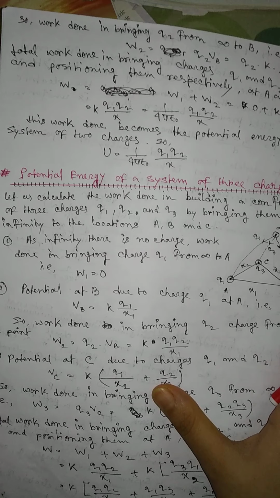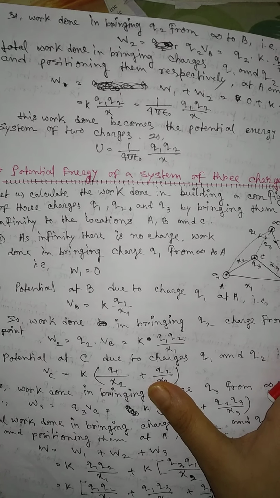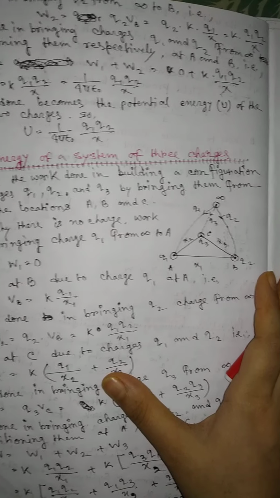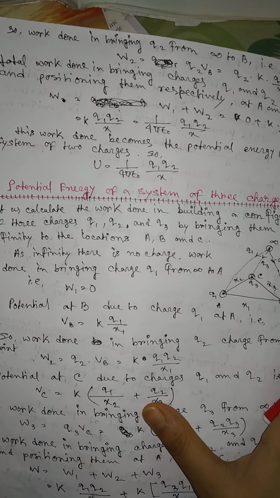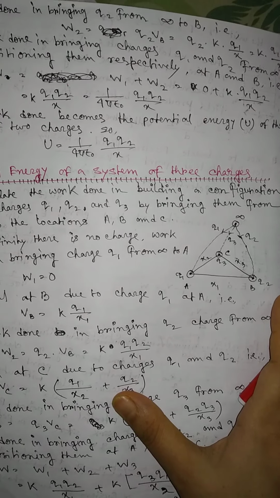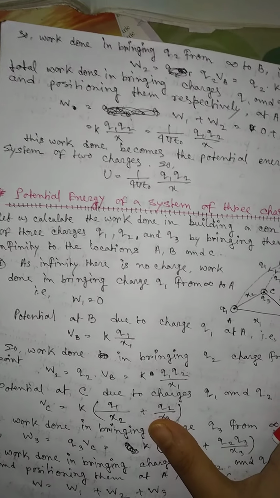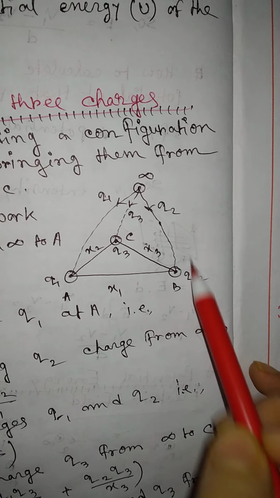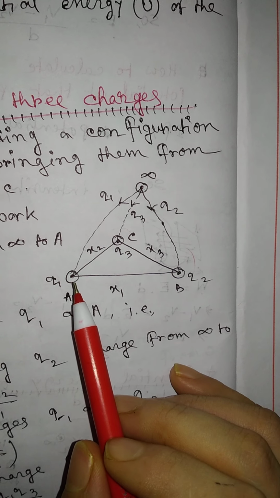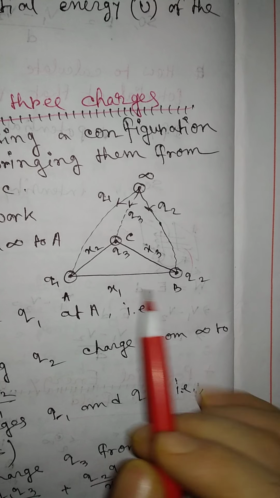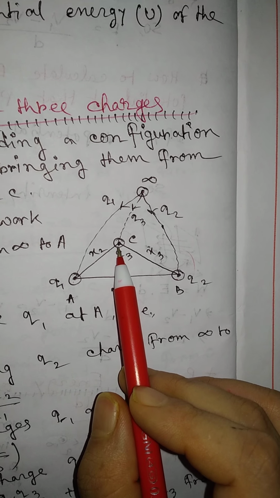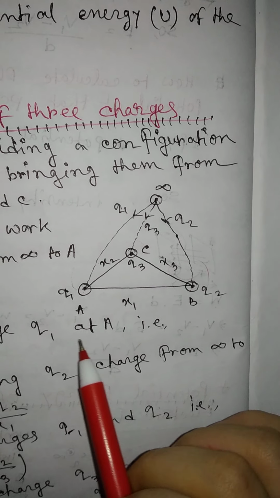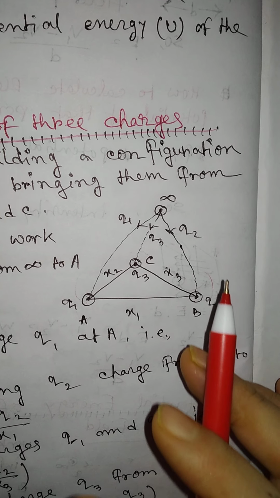Let us calculate the net work done in building a configuration of three charges Q1, Q2 and Q3 by bringing them from infinity to the locations A, B and C. We want to form a system containing Q1 charge at point A, Q2 charge at point B and Q3 charge at point C. To form this system, we have to do some work, right?